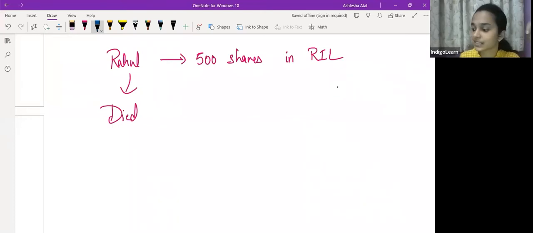Transmission होके shares किसके पास जाएंगे? ट्रांसमिशन होके शेयर्स वुड गो टू राहुल्स लीगल रिप्रेजेंटेटिव.